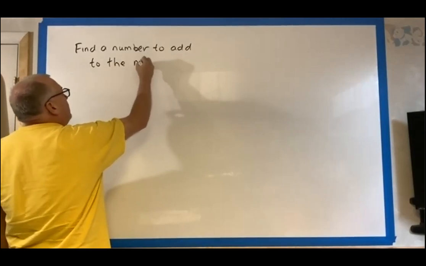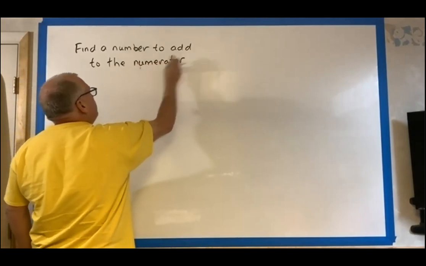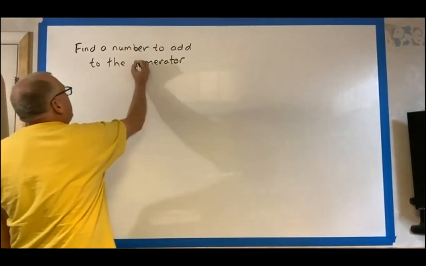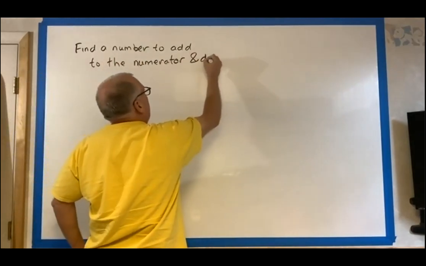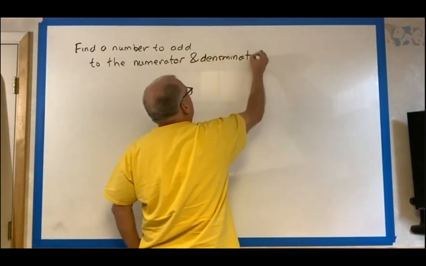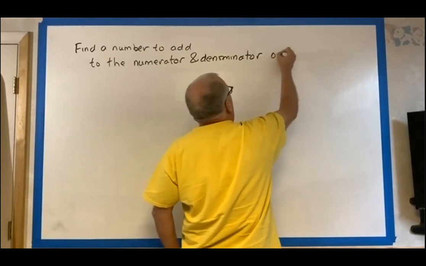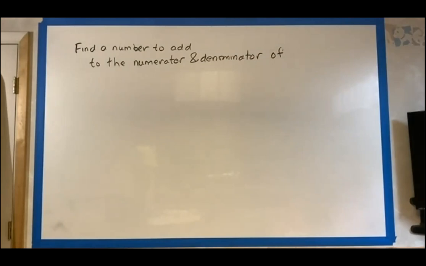One thing I don't like is rewriting the problem. So that's not always going to work. But like I said, this is an experiment. Find a number to add to the numerator and denominator of, what did it say? 8/11 so that the result would be 6/7.